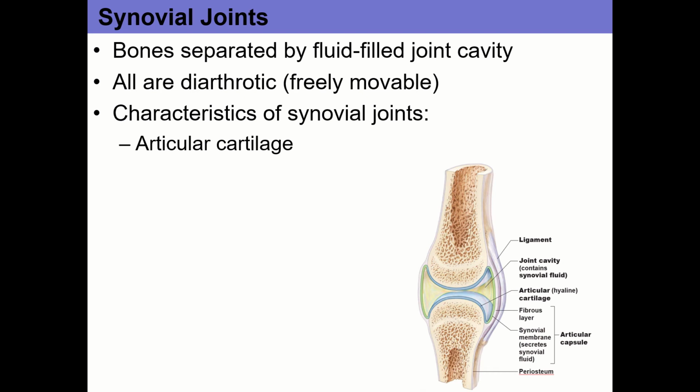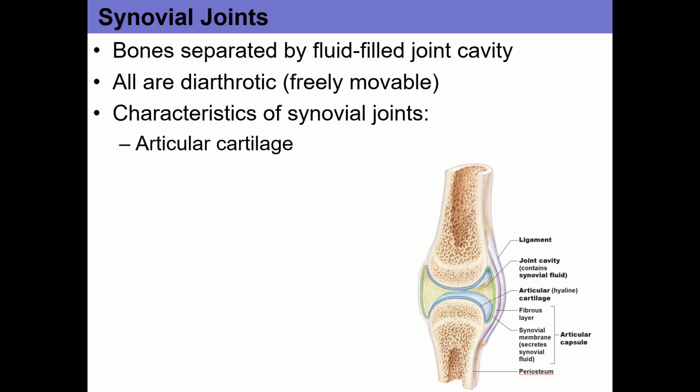That's job one. Job two is to allow for friction-free movement between those two bones. Allows them to slide on each other. And one of the little stats I mentioned last time was two bones with hyaline cartilage and synovial fluid sliding on each other. The coefficient of friction, or basically the slipperiness of that, is 5 to 20 times higher than ice sliding on ice. So your bones slide on each other really, really well under ideal circumstances.